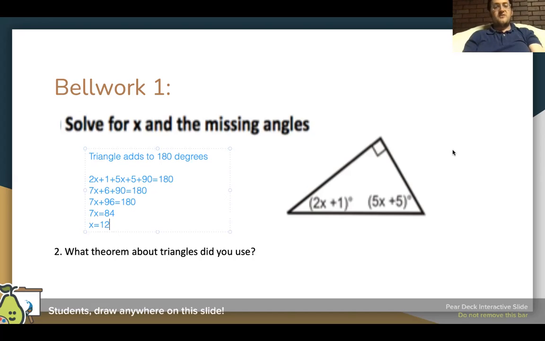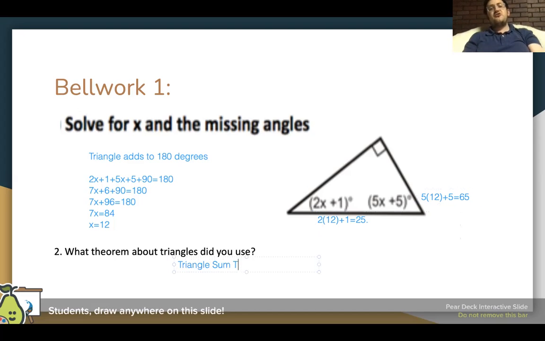So that's going to be 12. So this angle would be 2 times 12 plus 1, which is 25. And this angle is going to be 5 times 12 plus 5, which is equal to 65. And this is called the triangle sum theorem.